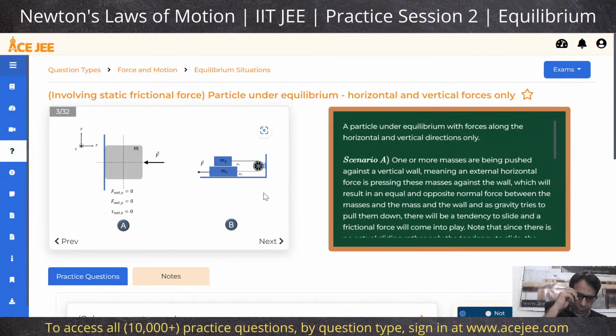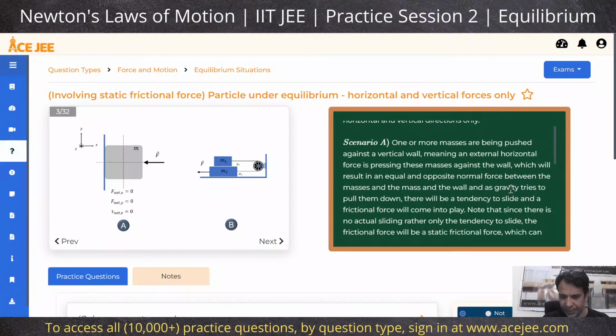Okay, so now we'll look at scenario 1 and we'll also talk about scenario 2. So let me quickly read through here. It says, in scenario A, one or more masses are being pushed against a vertical wall, meaning an external horizontal force is pressing these masses against the wall, which will result in equal and opposite normal force between the masses and the wall.